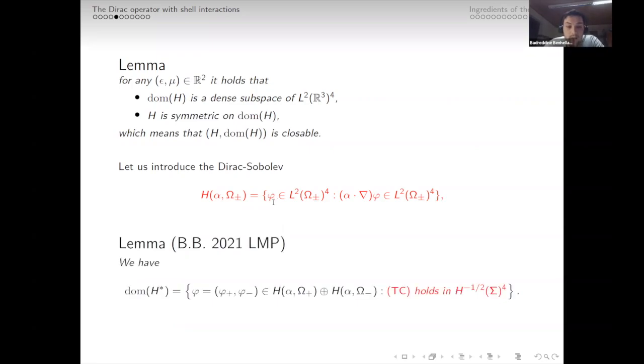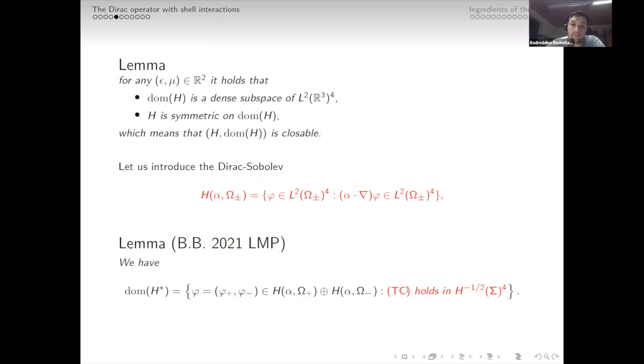Okay, and we can show that the domain of the adjoint is the set of functions which belong to this Dirac subspace. However, here the transmission condition that we had before must be satisfied in H minus 1/2.